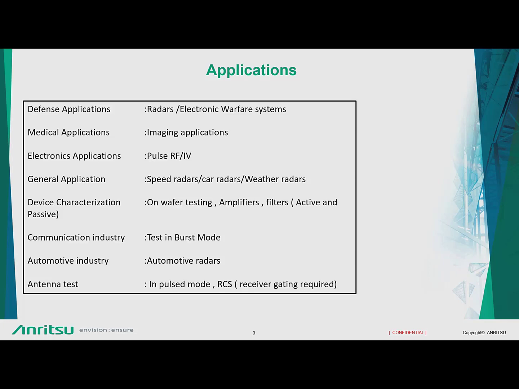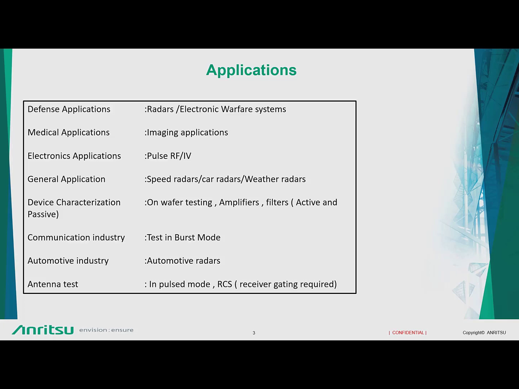So you have speed radars, car radars, the weather radars is something which has been there for a very long time, and even those radars actually they use CW signals, but we are seeing some activity even for pulse as well. On the device characterization side, also for active amplifiers, filters, and also for on-wafer testing, you need a system either being biased in pulse or like RF or in IV.